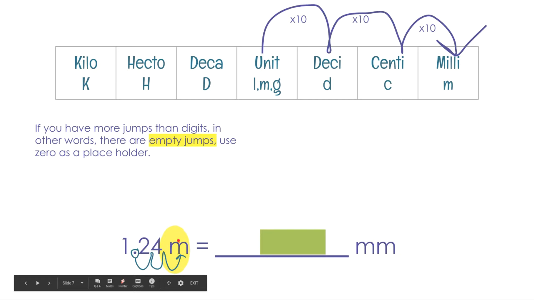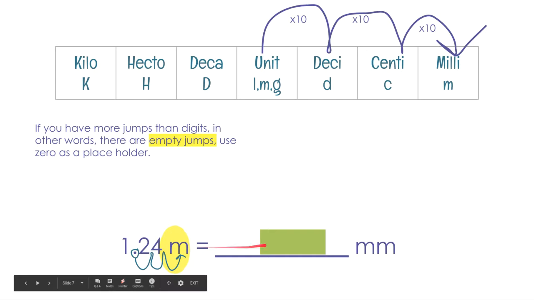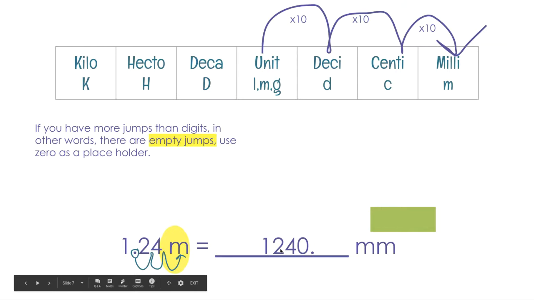I am going to put a 0 into this empty jump so that I can keep all of my numbers where I want them. So in moving my decimal 3 times to go from meters to millimeters, I'm going to wind up with 1,240 with a decimal millimeters. That's it. It's that simple.